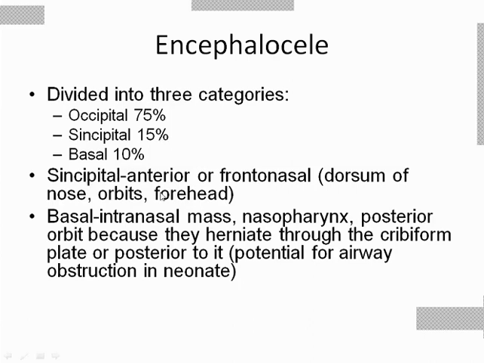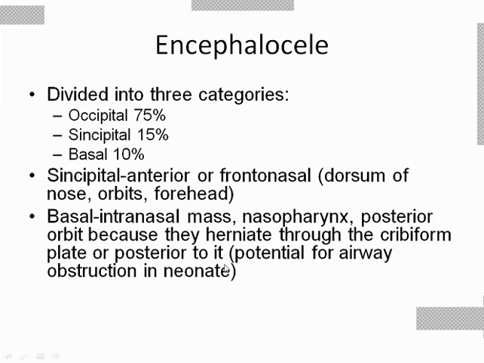Sincipital is anterior, or otherwise known as frontal. They can appear at the dorsum of the nose, immediately next to the orbit, or in the forehead. Basal is usually intranasal, in the nasopharynx, or posterior to the orbit, because they herniate through the cribriform plate or posterior to it.